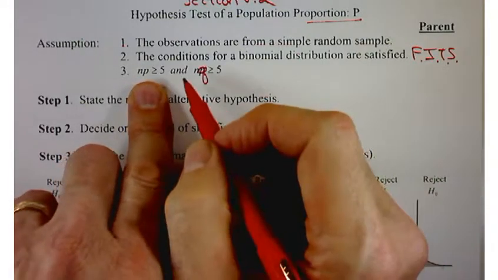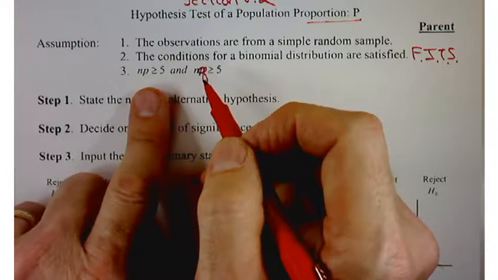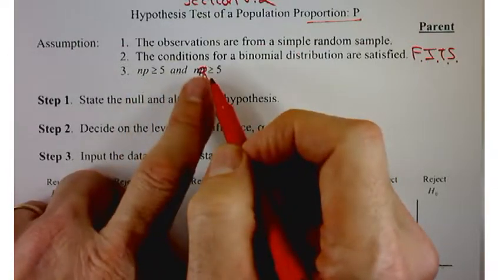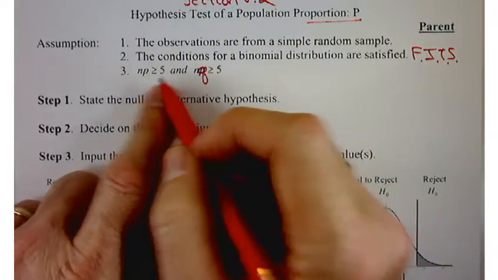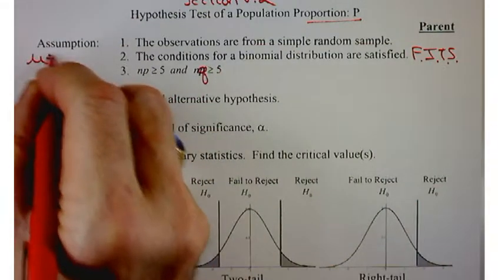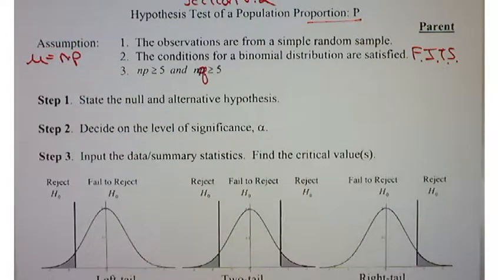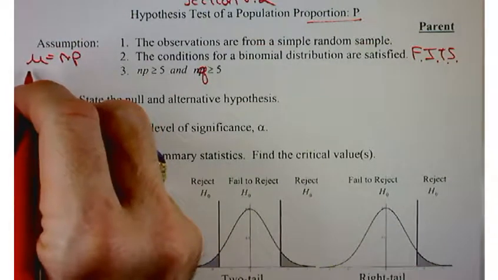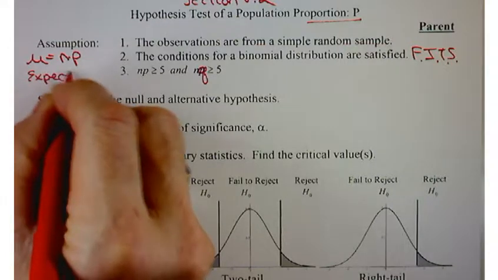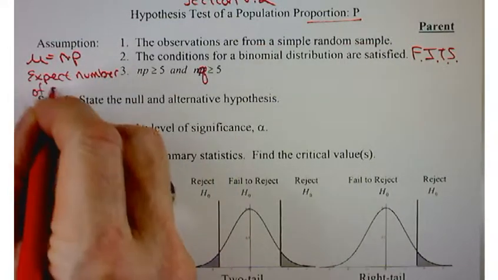The last condition that we need to test is that the expected number of successes and expected number of failures are both greater than or equal to 5. So you might remember that mu equals n times p. That's your expected number of successes.